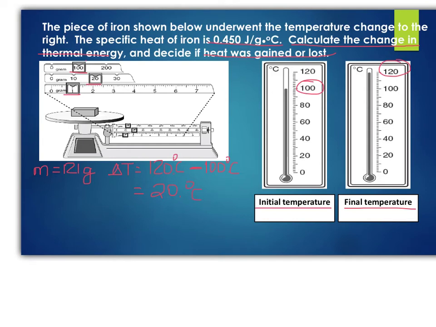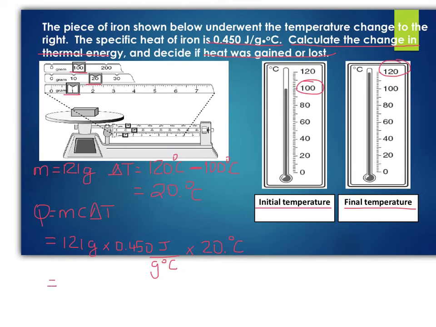So we know Q is equal to M C delta T. So we go ahead and substitute our values. M is 121 grams, multiplied by C, specific heat, which is given to us in the question, 0.450 joules per gram degree Celsius, multiplied by the temperature change, which is 20 degrees Celsius.